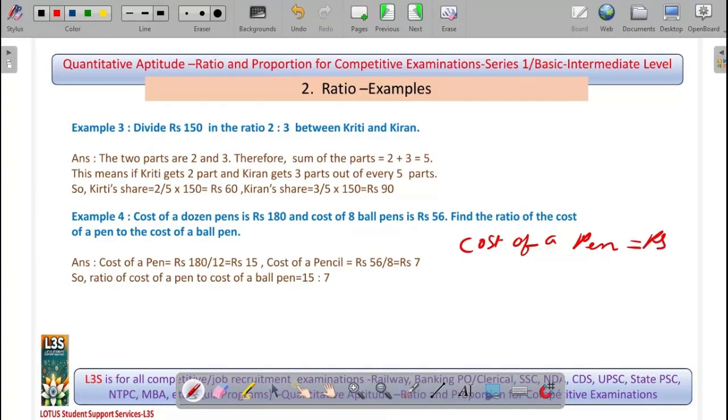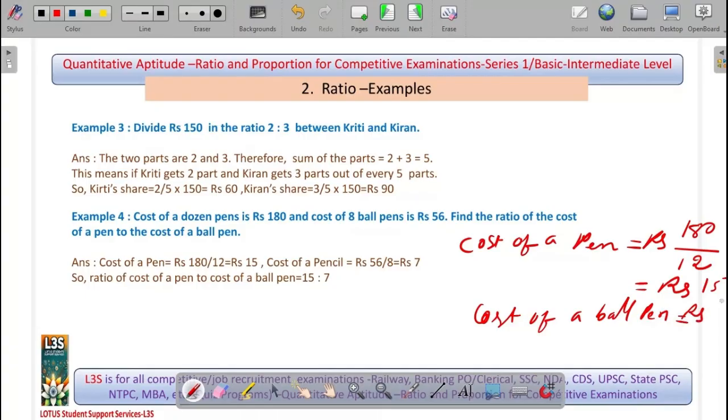So rupees 180 by 12, that means rupees 15 per pen. And the cost of a ball pen is equal to rupees how much? 56 by the total number of ball pens, 8. So 56 by 8, so rupees 7.